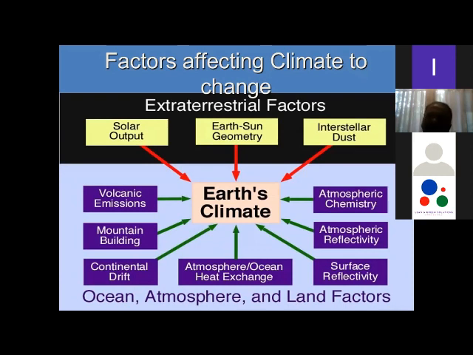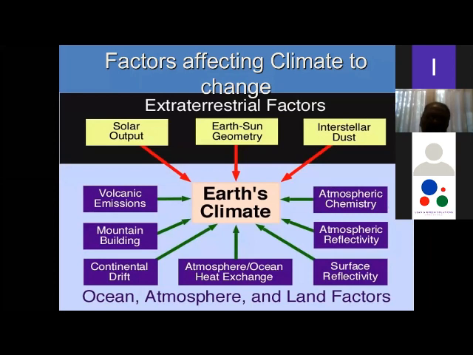Then mostly the atmospheric chemistry is the one that we need to really think about. In the atmosphere there are many reactions, and we put a lot of things into the atmosphere. Man-made chemicals go into the atmosphere, and there are many things happening there that will lead to a lot of climate change. Then, most importantly, atmosphere, ozone, heat exchange.